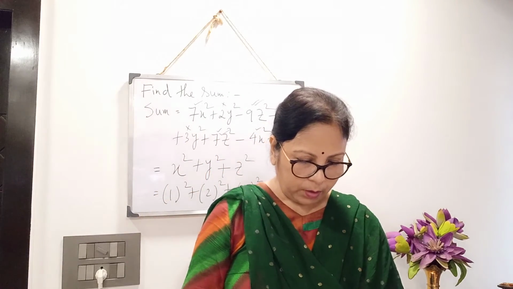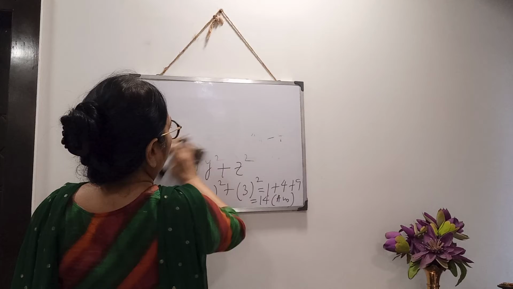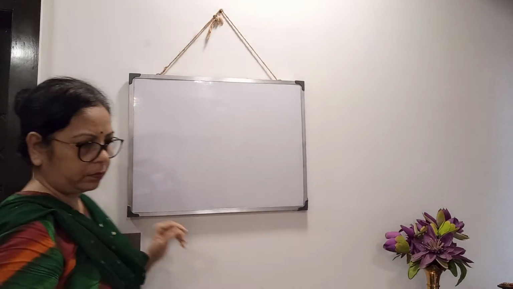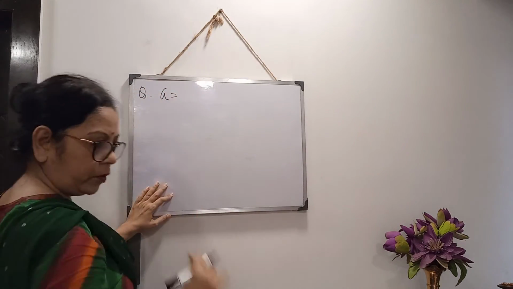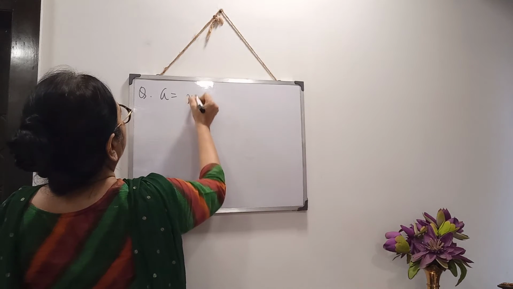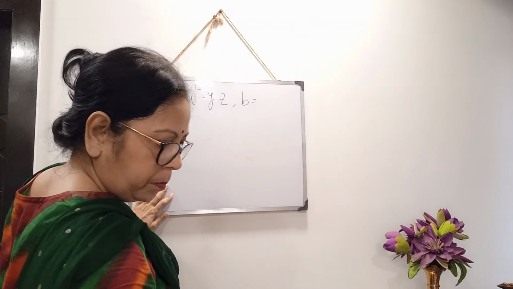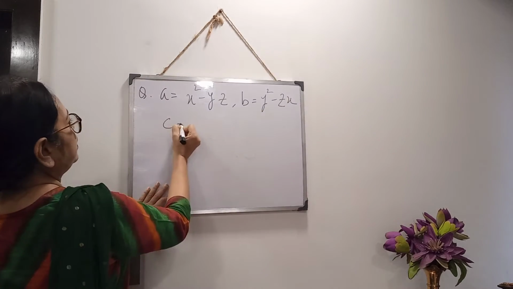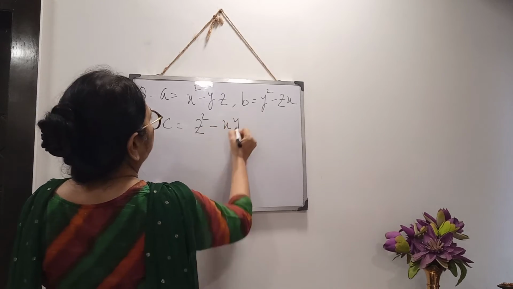Then if the sum is this, A given, B given, C given, okay. If the sum is this type, A is given x square minus yz, you will get this in the PDF. B is y square minus zx, C is z square minus xy.